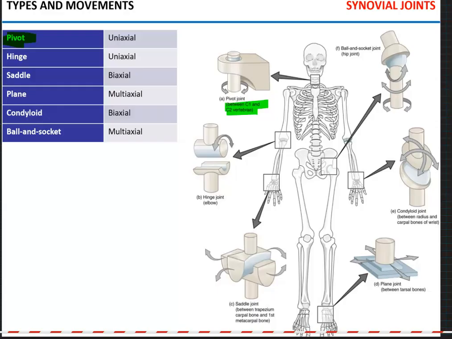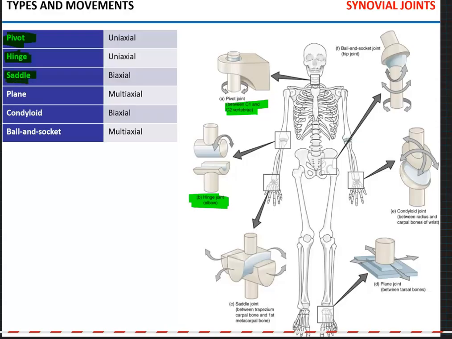Remember I showed you last week atlas and axis on the image? How the dens of the axis that sticks up is the axis for the C1. Then you have hinge joints. There are several of them. One of them is the elbow joint.